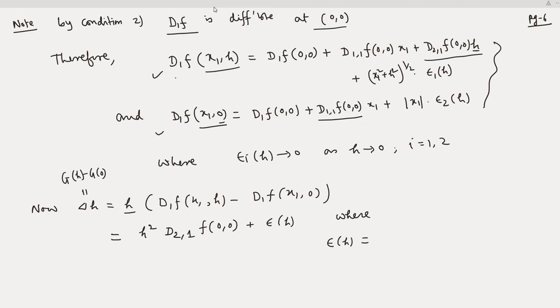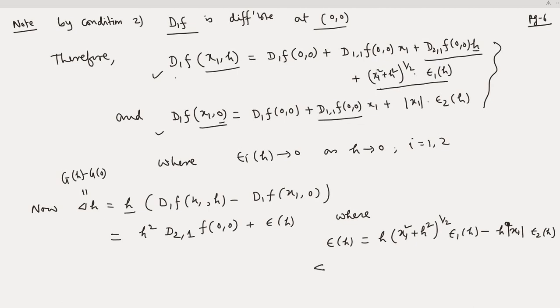where epsilon h equals h times (x1 square plus h square) whole power half epsilon 1 of h minus h times mod x1 times epsilon 2 of h.